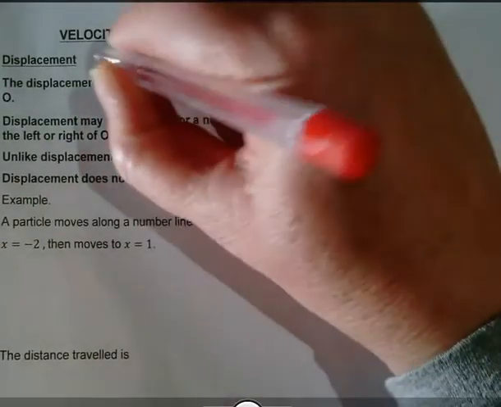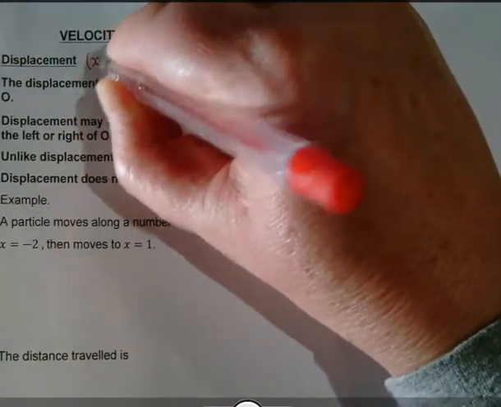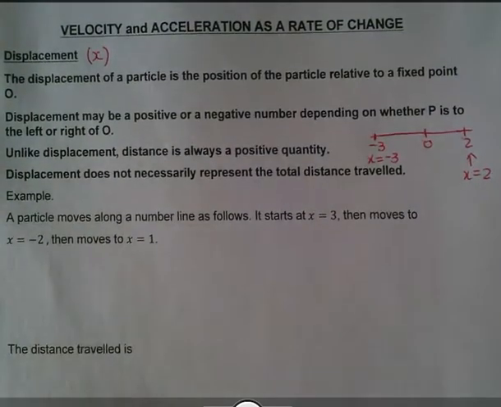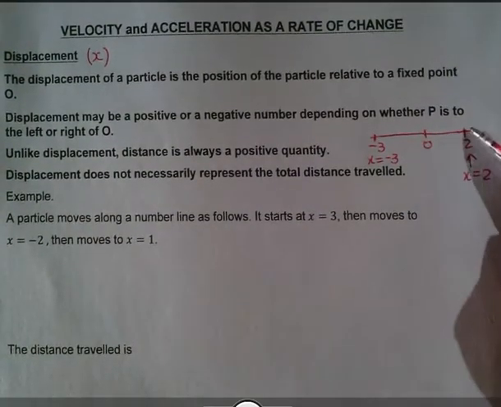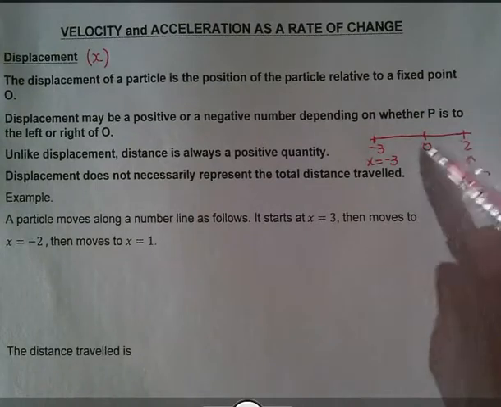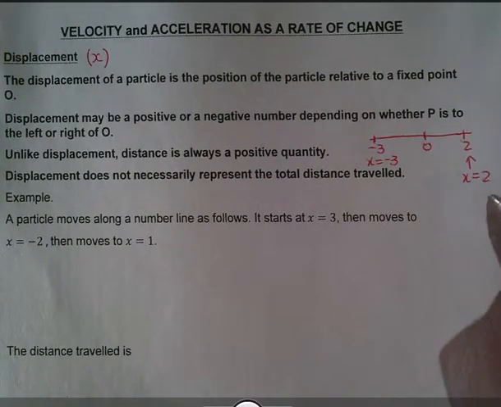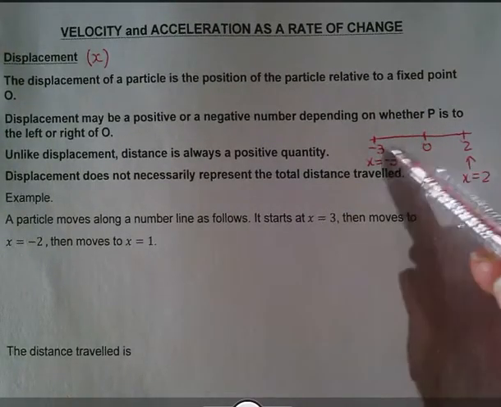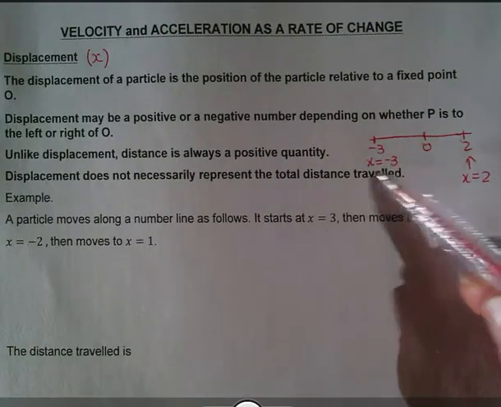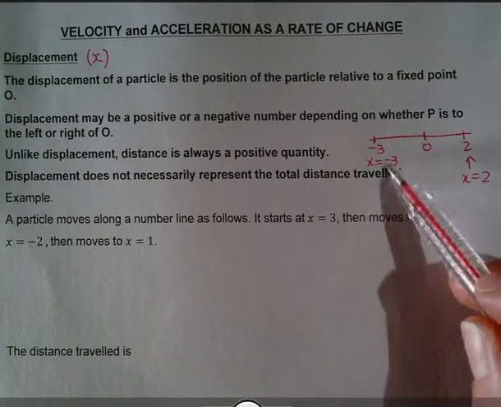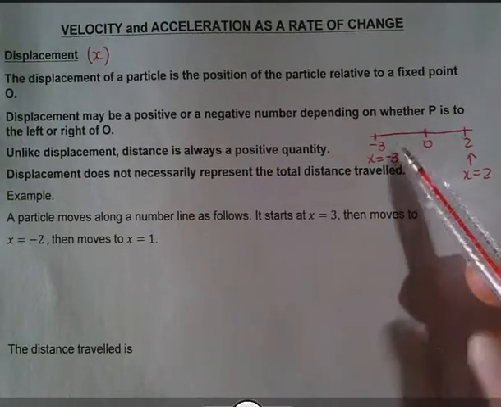Normally, the pronoun we'll use for displacement is x, okay? So if I just say the displacement x is 2, it means that you're on the right-hand side of the origin, and if I say displacement is -3, or x is -3, you would be on the left-hand side of the origin.